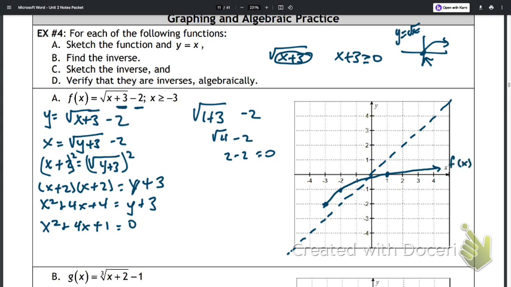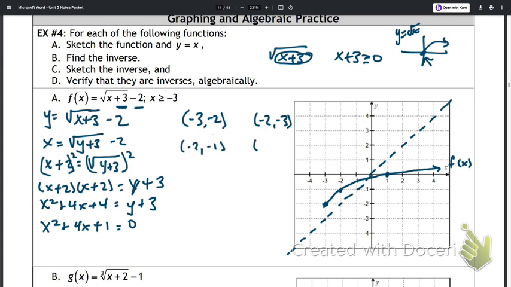Well, now I've got some points I just found. I'm going to write those points real quick. I graph the point negative 3, negative 2. That point will become negative 2, negative 3. I graph the point negative 2, negative 1. Well, that point will become negative 1, negative 2. And then I graph the point 1, 0, and that point will become 0, 1. So I'm going to graph that in a different color.